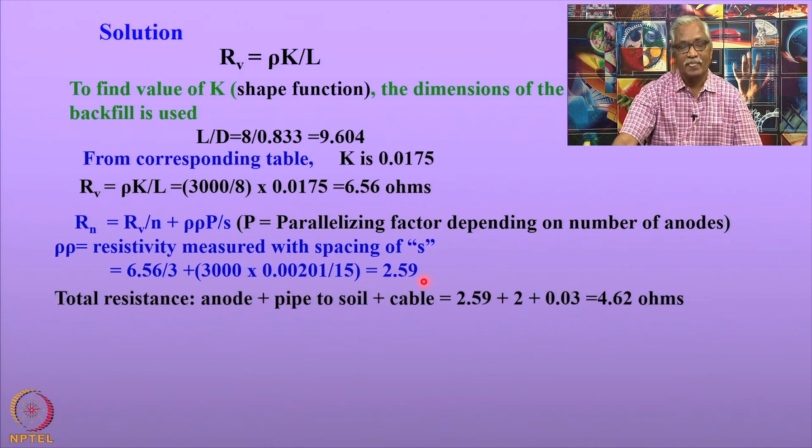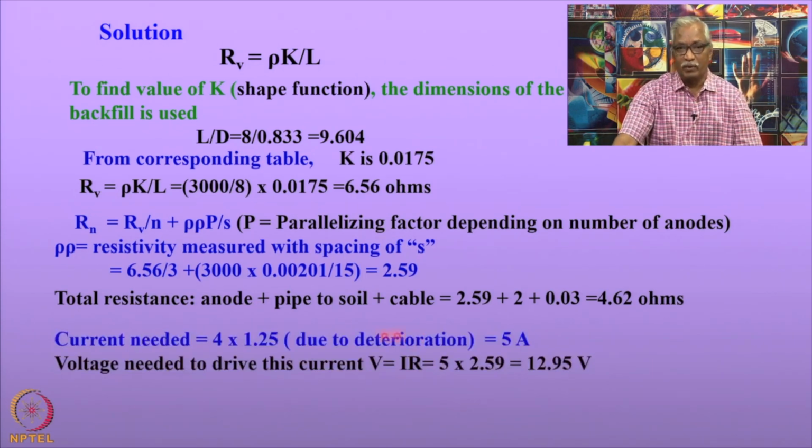Now, the resistance offered by the overall cathodic protection system consists of the resistance offered by the anode, the soil and the cable. So, this is the overall resistance offered by this circuit. In addition to that, there is also what is called the backdrop voltage that also resists the flow of current. So, that should be taken into account, right. So, that we will come to later.